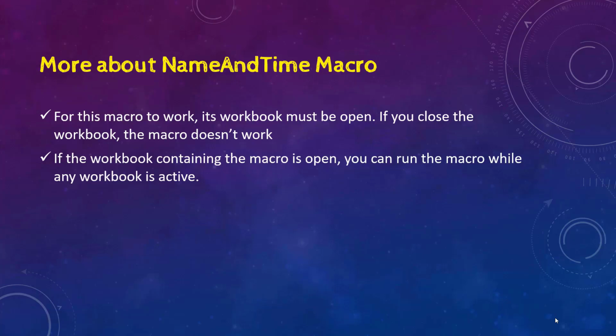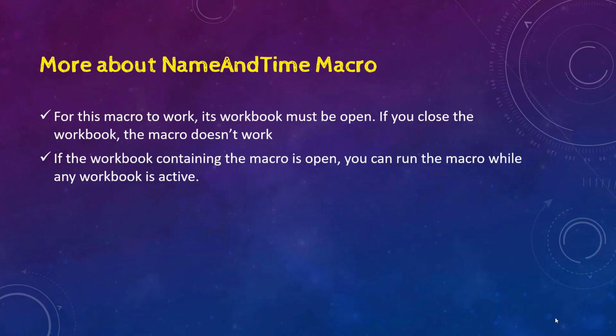If the workbook containing the macro is open, you can run the macro while any workbook is active, which means we save the macro in a file, named for example name and time, and we open another file, Book1 or Book2 or whatever.